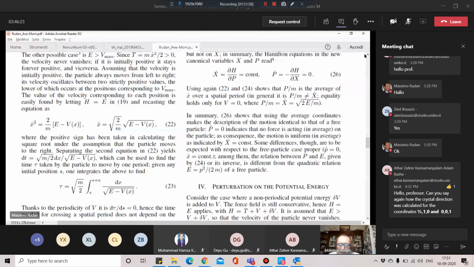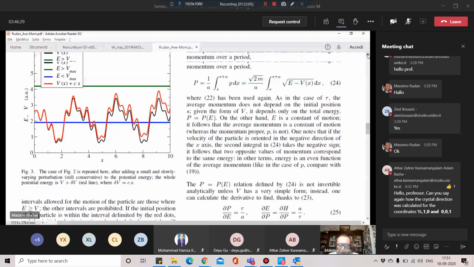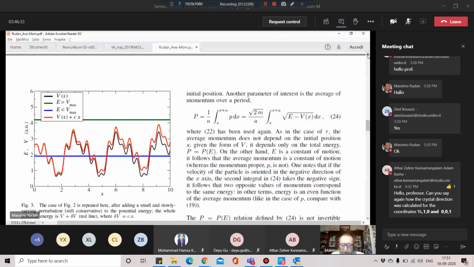So, substantially, we have found a very important result: if we consider the average momentum, we find a constant of motion, like in the case of a free particle. Momentum is related to energy only. Energy is even with respect to not only momentum, but also the average momentum. Okay.